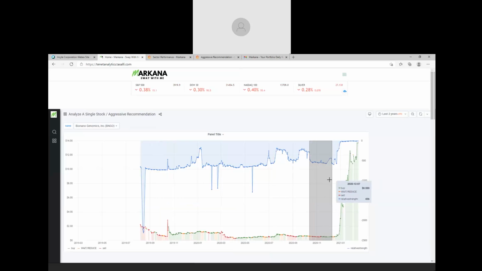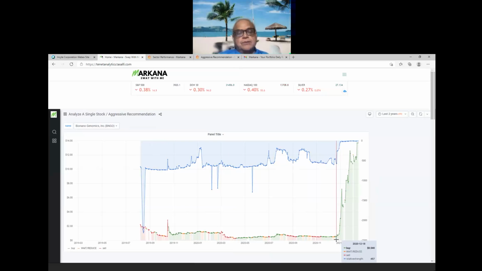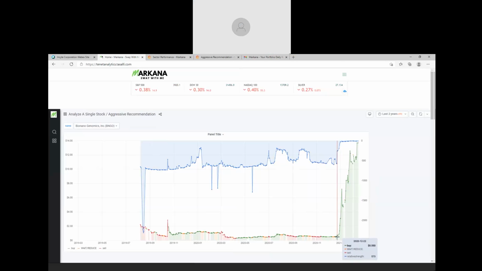You can tell that it was low, and it started turning around right at this point. When this turns around and our recommendation also turns around, that's a point to look into and start getting in. We don't know whether this was just a dead cat bounce or whether it was really going to go up. Coincidentally, for this particular stock, it went from about 50 cents to $13.